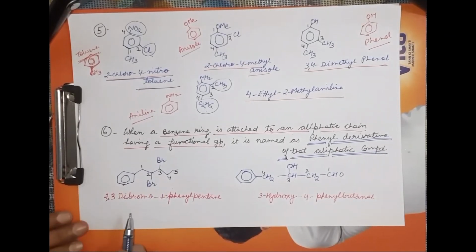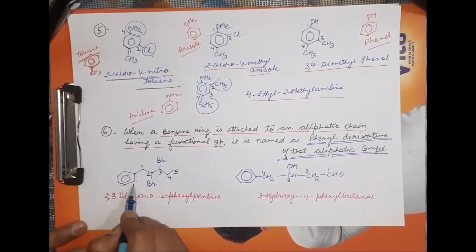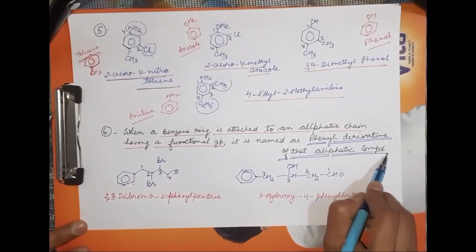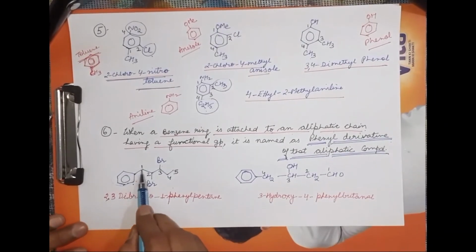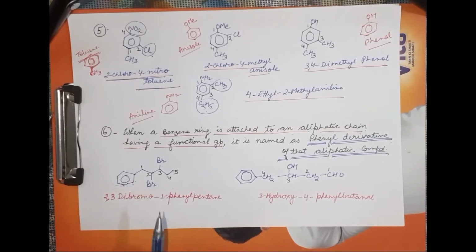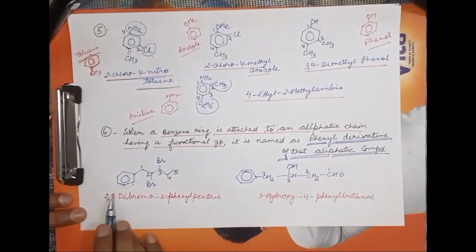In such a case, the name is given in this way: the benzene ring is written as phenyl, a derivative of the aliphatic compound, where this aliphatic chain is taken as the parent chain and the benzene ring is treated as the substituent. When benzene is treated as a substituent, the word phenyl is used.